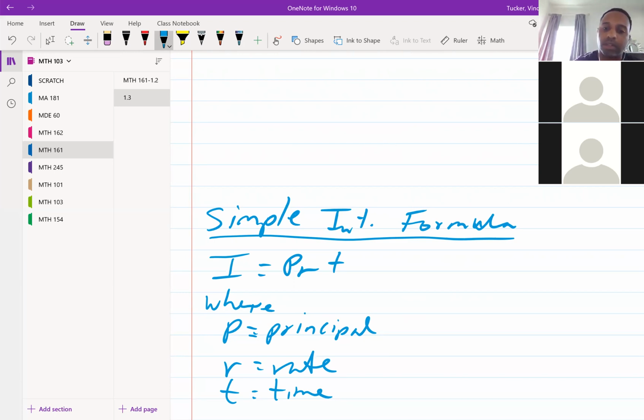All right, let's see. This is deposit, loan.